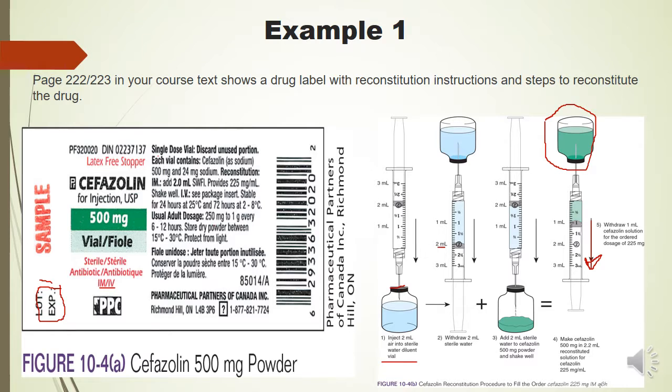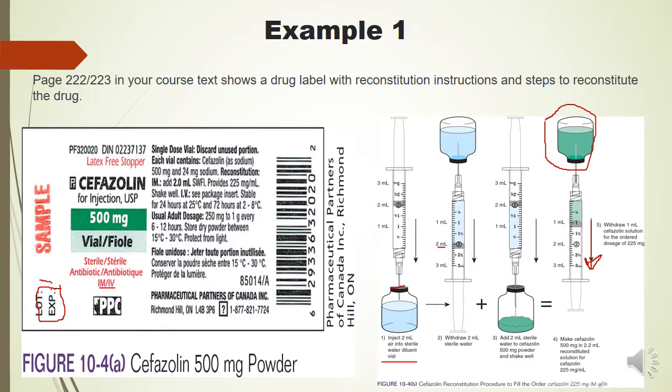If this person was having a whole course of antibiotics, right? This is a one-time shot and then it's garbage, okay? So, as per the instructions, cefazolin, 500 milligrams and 24 milligrams of sodium. So, hence, cefazolin sodium, okay?